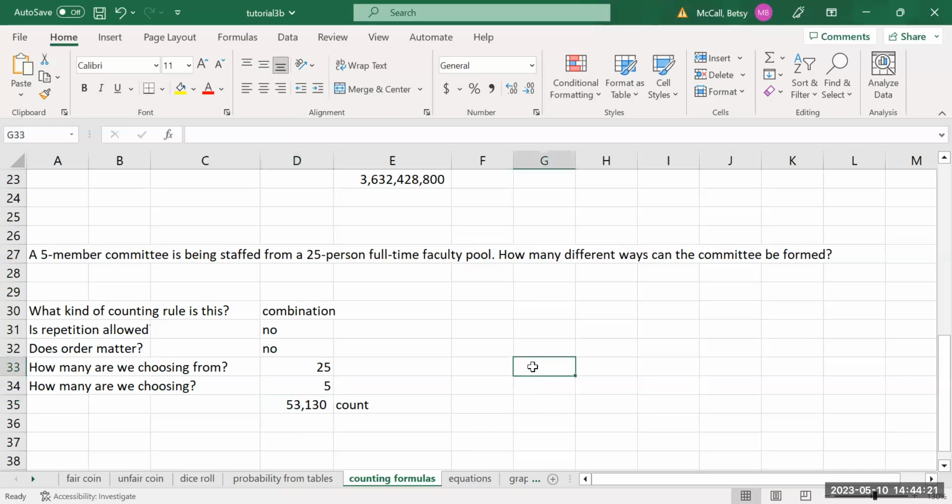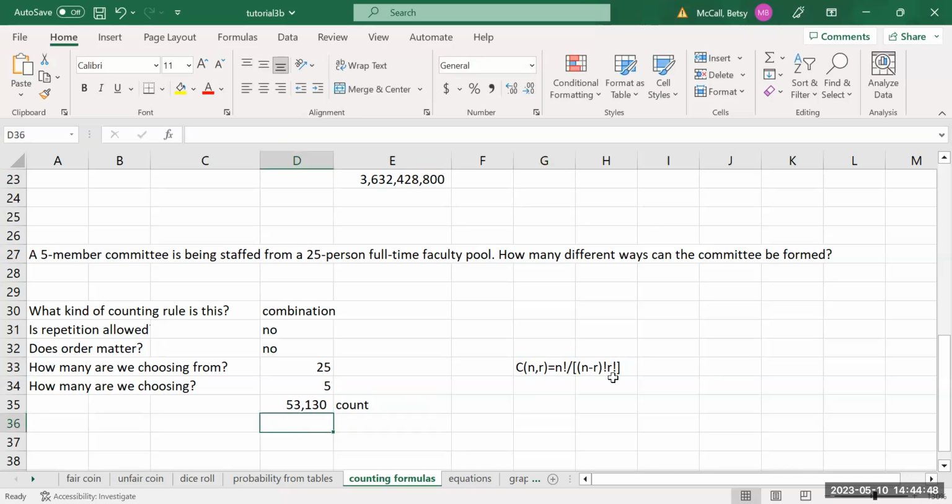Now, again, the combination formula, if we wanted to do it the sort of old-fashioned way, looks kind of like the permutation formula: n factorial over n minus r factorial, but then there's an extra r factorial in the denominator.